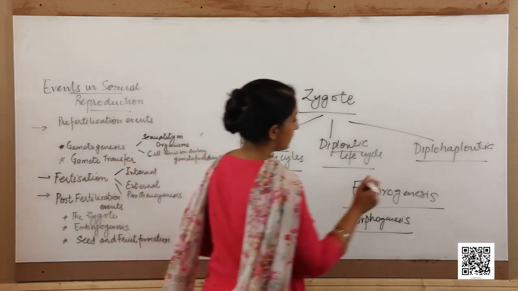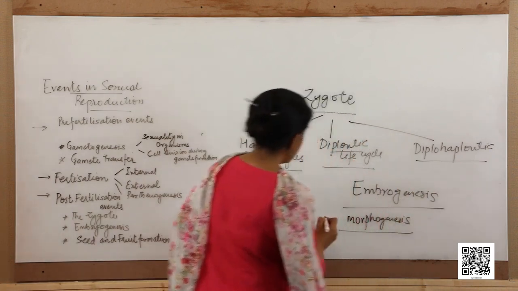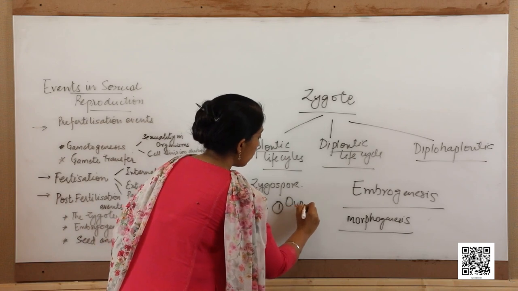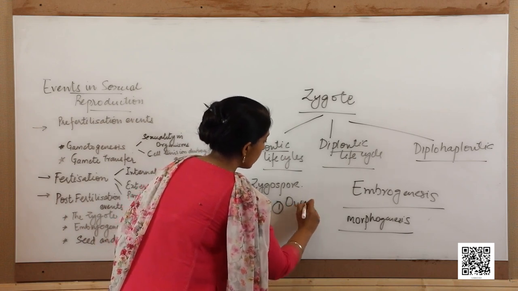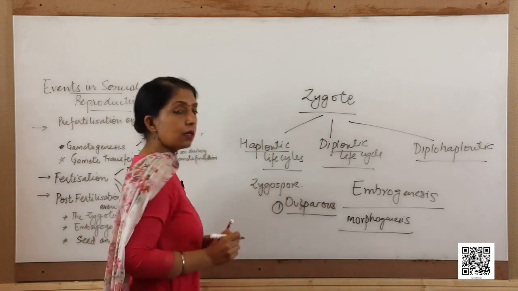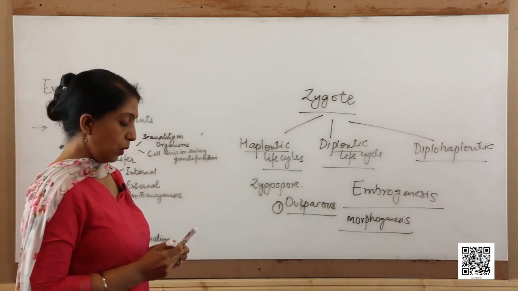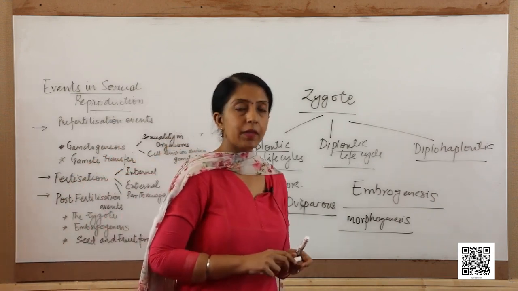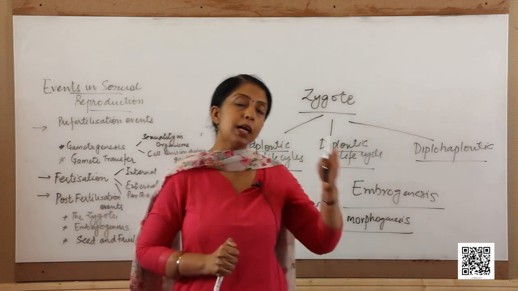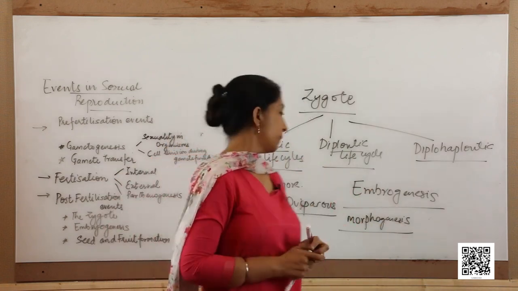The first type is oviparous animals. These are animals like birds which lay eggs, and in them the embryo development takes place outside the body of the female.